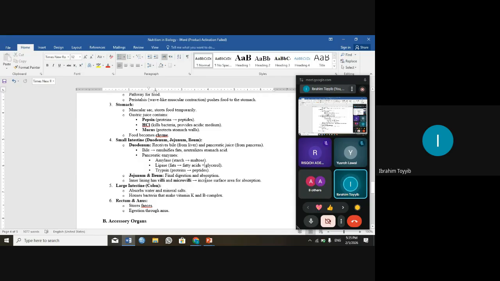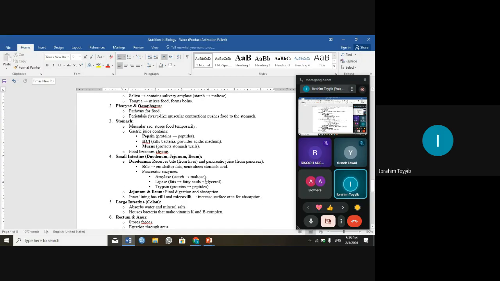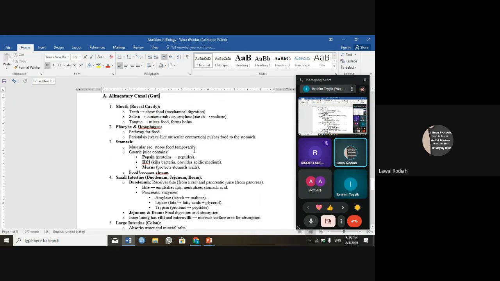Who can tell me the work of salivary amylase? You are not following. It converts starch to maltose. So it converts starch to maltose also.